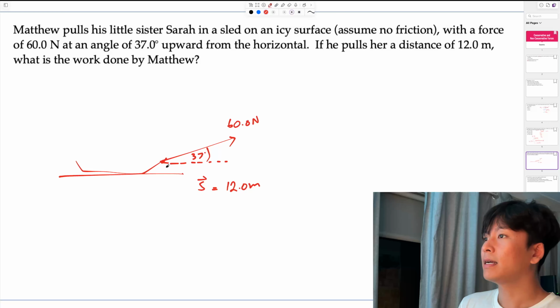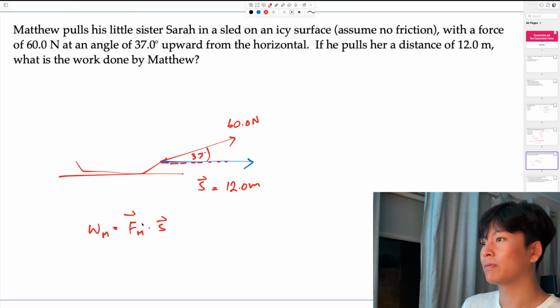So from here, my angle between displacement and distance is just the 37 degrees, right? So if you have a look over here, in blue is my displacement over there. And so the work done by Matthew is going to equal the force that Matthew applied, dot product with my displacement.